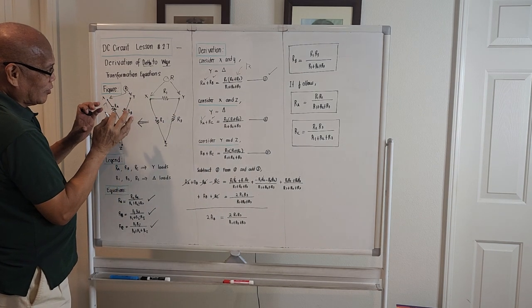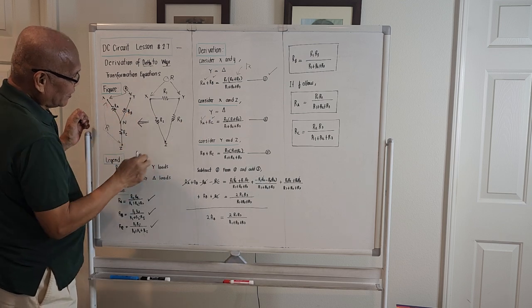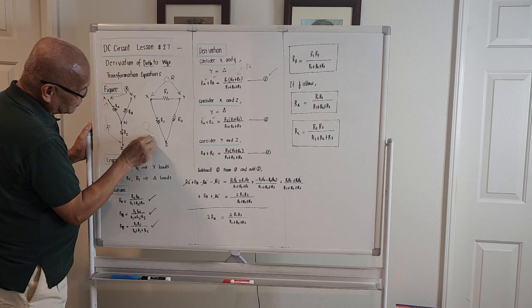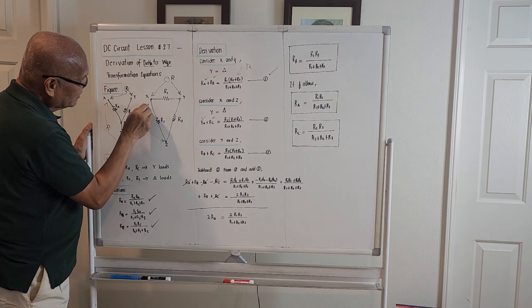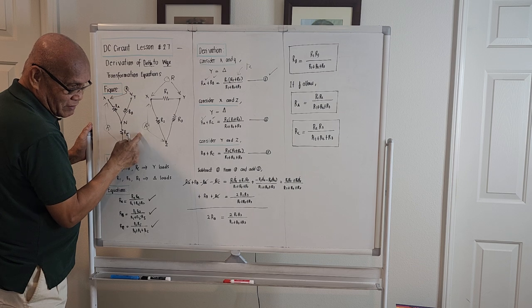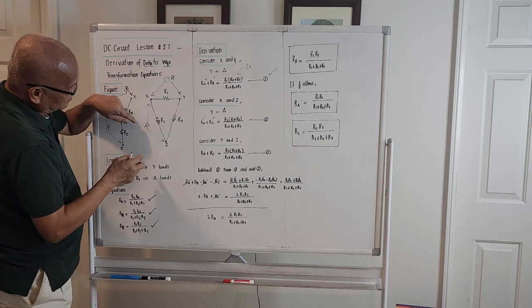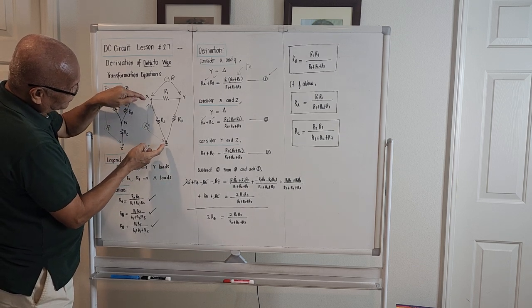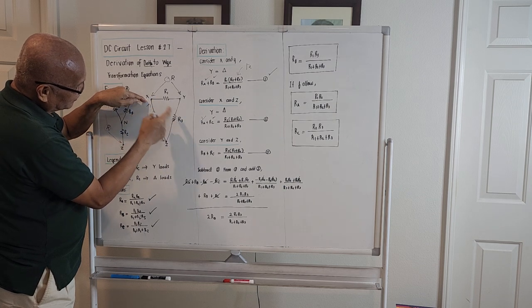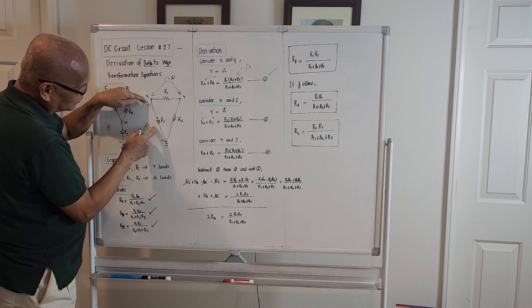And if we try to take the equivalent of this on the delta side, X and Z, okay, we'll put our multi-tester here, and we'll try to read the resistance. So if we try to put the tester here, R1 and R3 are in series, and the single equivalent will be connected in parallel with R2.